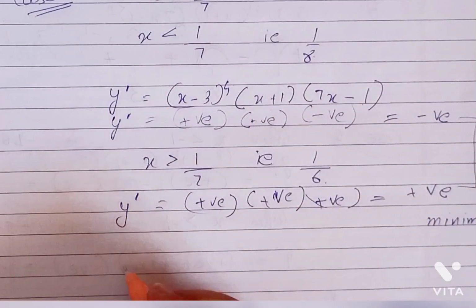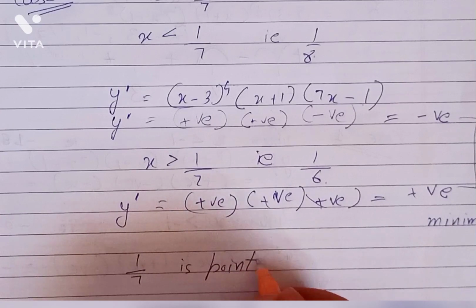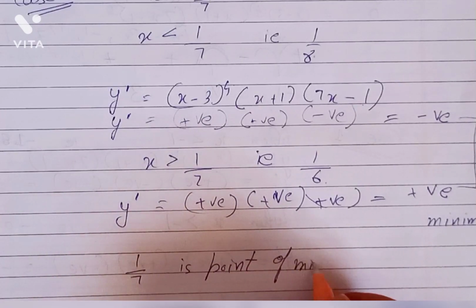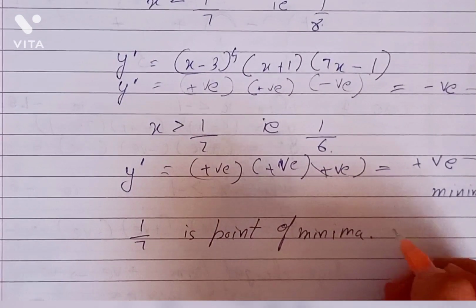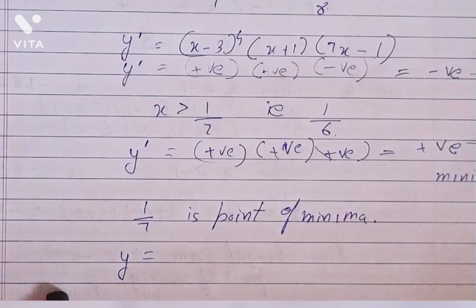So 1/7 is the point of minima. Next is the value of y. What would be the value of y at x equals 1/7?